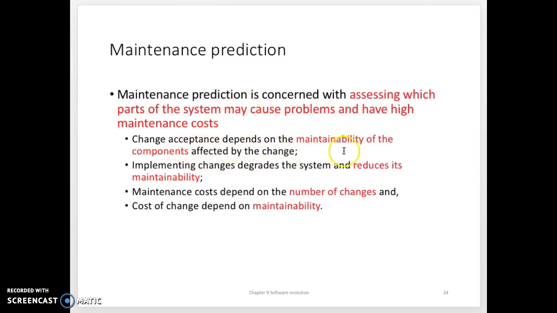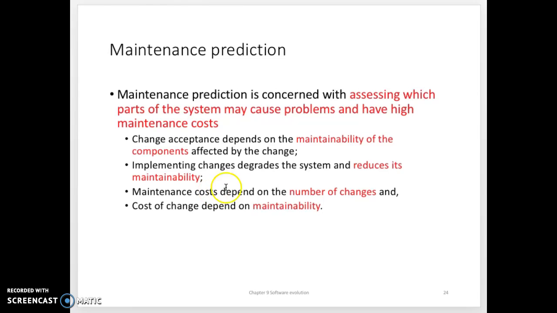And change acceptance depends on maintainability of the components affected by the change, and implementing change degrades the system and reduces its maintainability. So maintenance cost depends on the number of changes that we have previously made to the system, and the cost of change depends on maintainability.